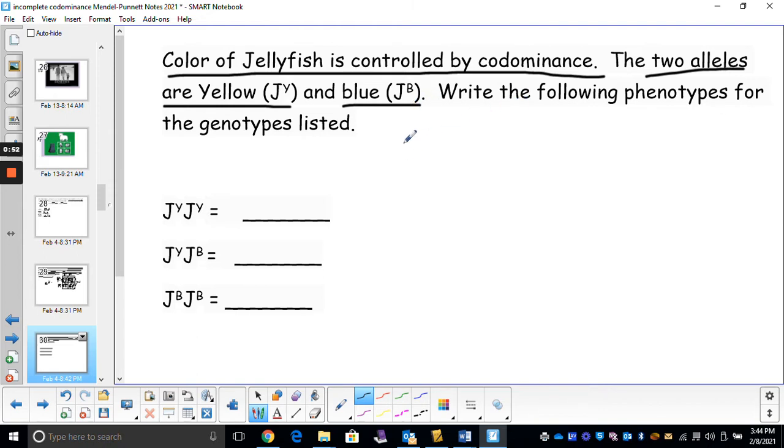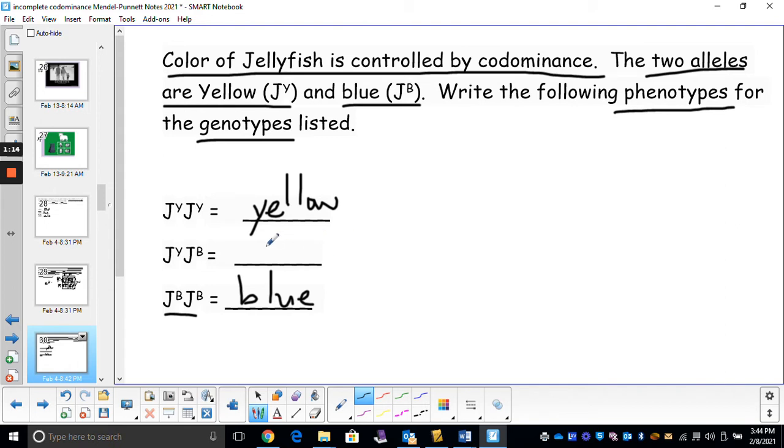So we're going to figure out the phenotypes from the genotypes listed. If I have two JY, or two yellow alleles, that is going to be a yellow jellyfish. If I have two JB, two blue alleles, that is going to be a blue jellyfish.